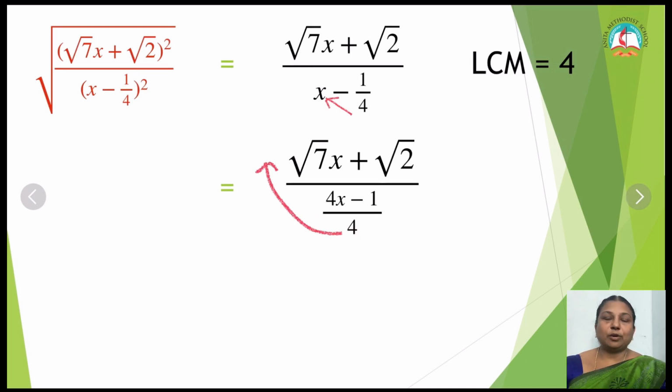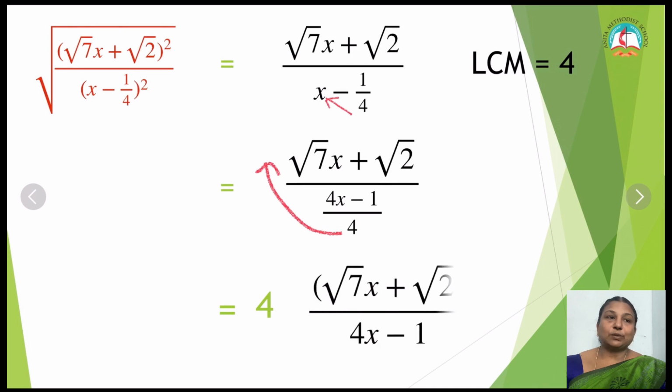You have a fraction in the denominator, so the denominator goes to the numerator. So you will get the answer: 4 into (root 7x plus root 2) divided by (4x minus 1). Okay, now this is a number, here you have a variable. So if you have a variable, what do you have to put, children? Yes, you have to put modulus to get the absolute value. Okay children, you understood? Yes.